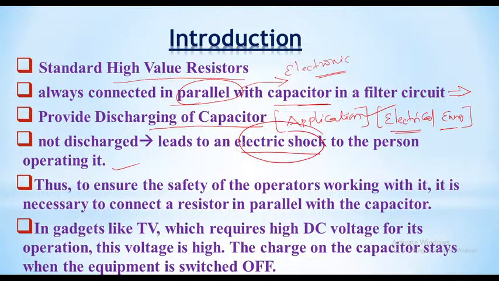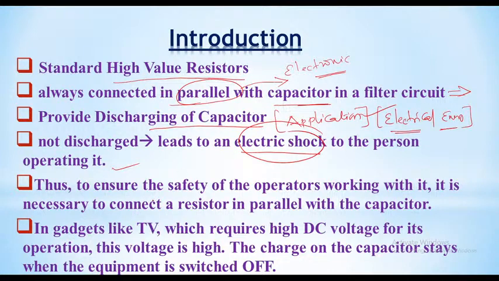So in order to avoid the electric shock, we have to connect this bleeder resistor in parallel with the capacitor. That is the main thing. In order to overcome electric shocks in the circuit, we are using the bleeder resistors, and this bleeder resistor is always connected in parallel with the capacitor.